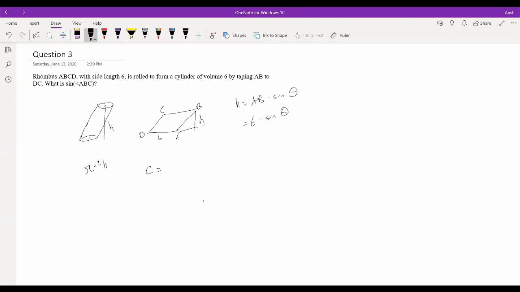So the circumference is equal to 6, meaning that the radius is equal to 6 over 2 pi, which simplifies to 3 over pi. That means pi r squared is equal to 9 over pi squared times pi, which is just 9 over pi.